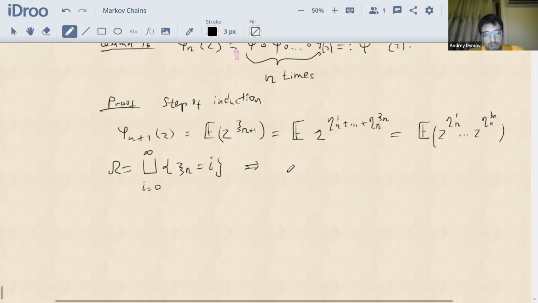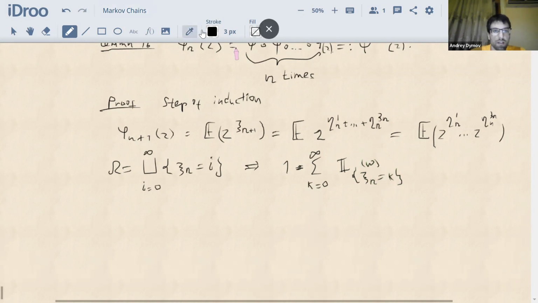But then it means that just the number 1 can be represented as the following series, as a sum from k equal to 0 to infinity of the indicator function of the event that psi n equals k, of omega.